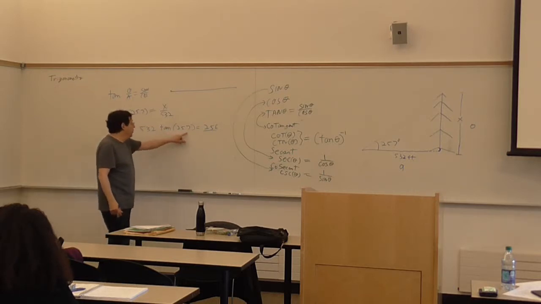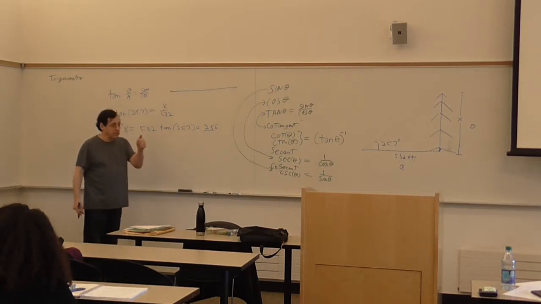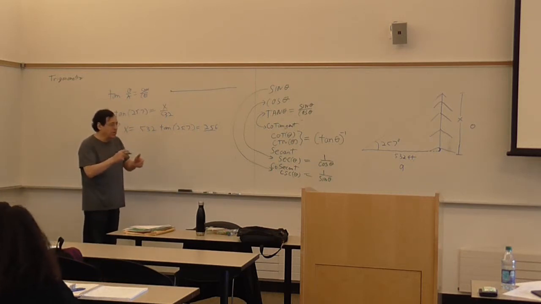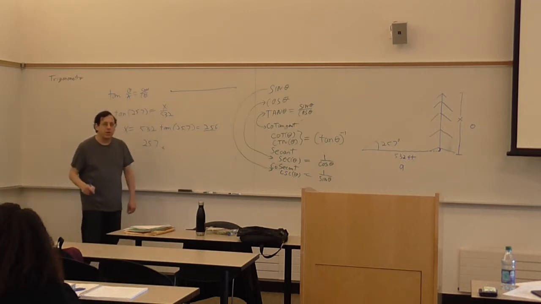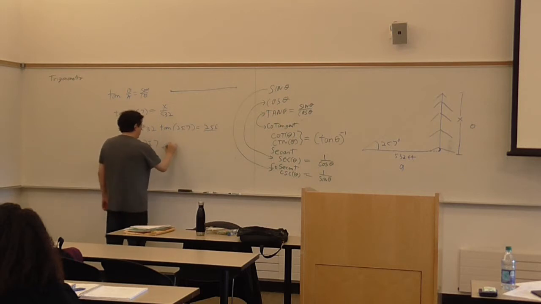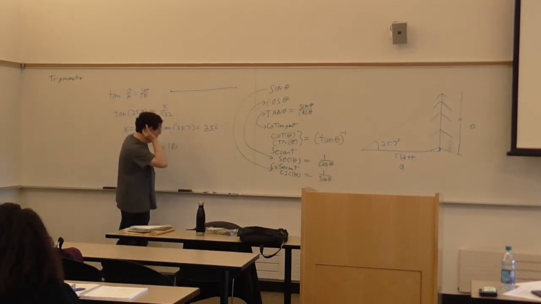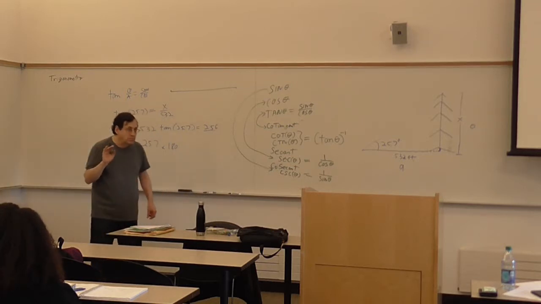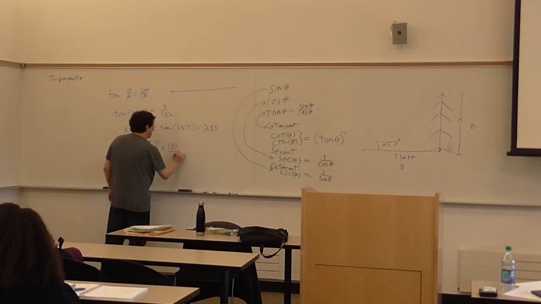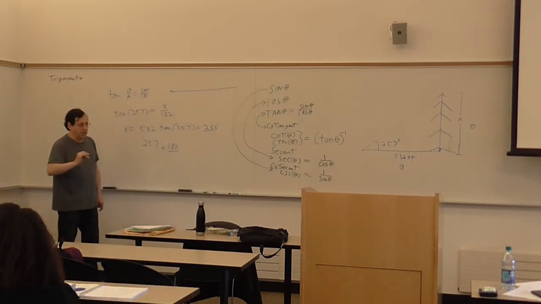How would we convert 25.7? Kayla, hang in there. You still have it in radian mode? Okay. How would I convert 25.7 to radians? What would I multiply that by? Would it be like 180 or 360? I was asking if it was 180 or 360. 180 over 2 pi. Okay, let's not be confused.